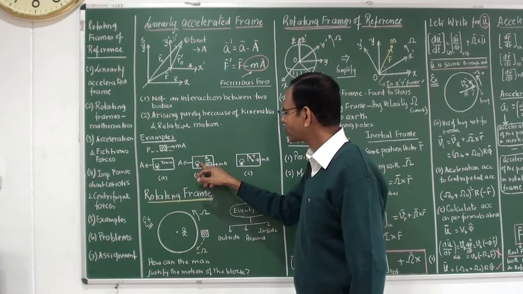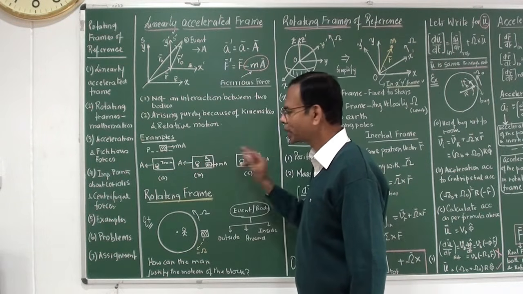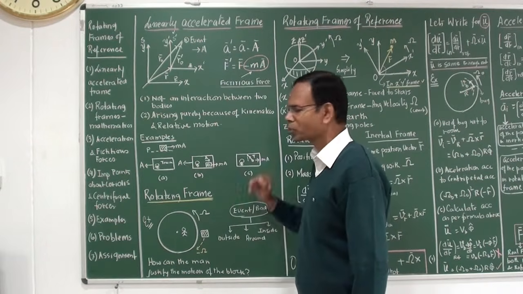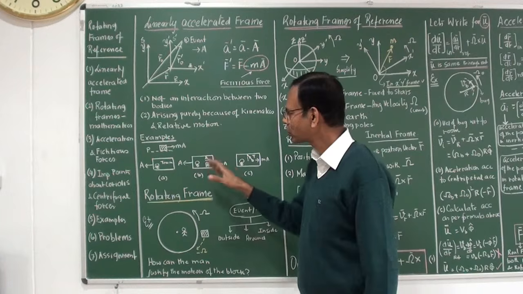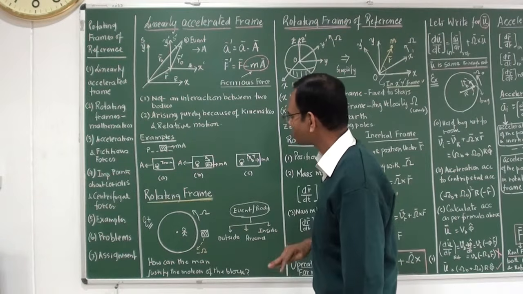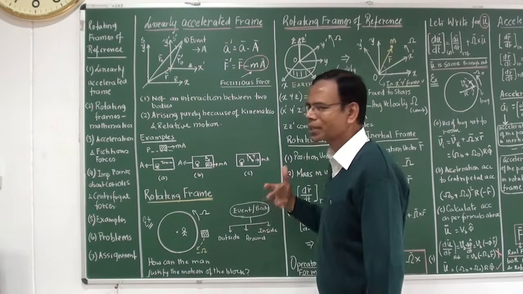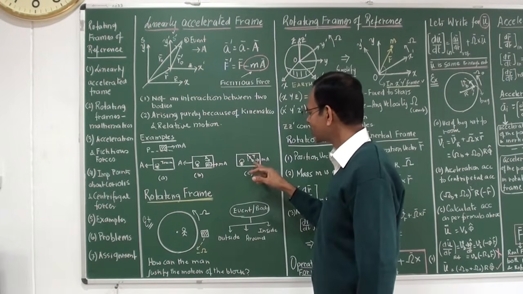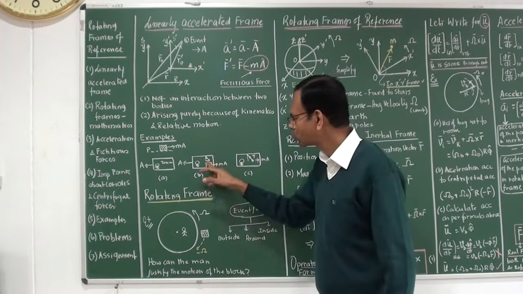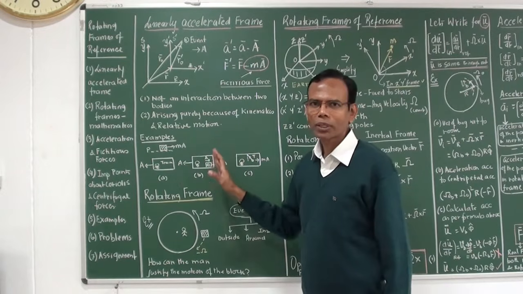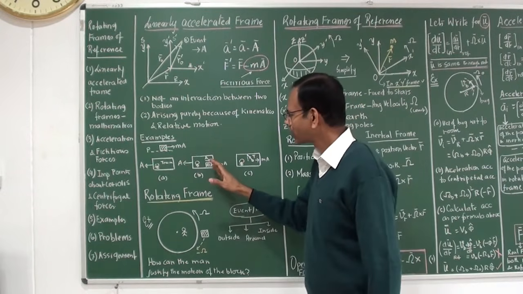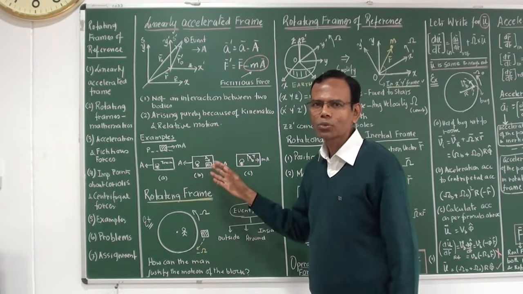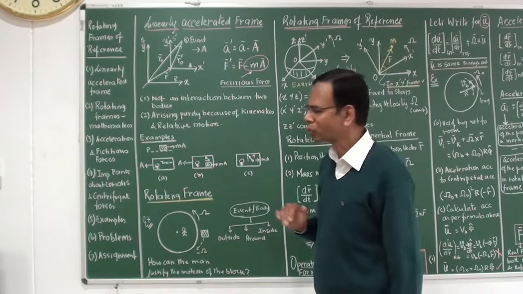So this observer will see this block going backward with an acceleration a, so we have to put a force m into a in order to apply Newton's laws of motion, or in order to justify oneself. Here the third case is a mixed case. These are the two pure cases. The pure cases show how the acceleration of the frame gives rise to this fictitious force.